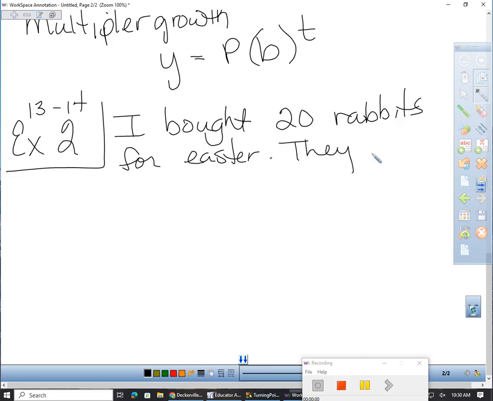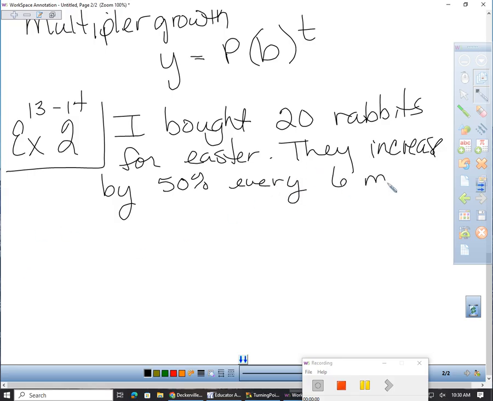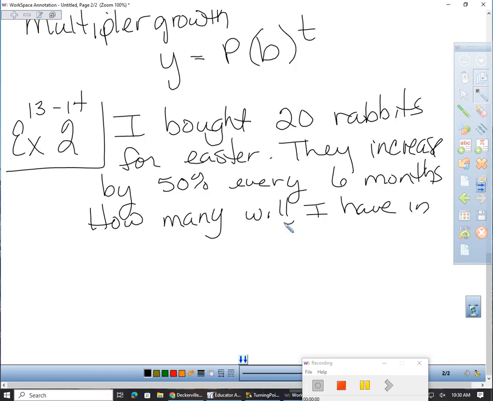They increase by 50% every, we'll say 6 months. How many will I have in 5 years?